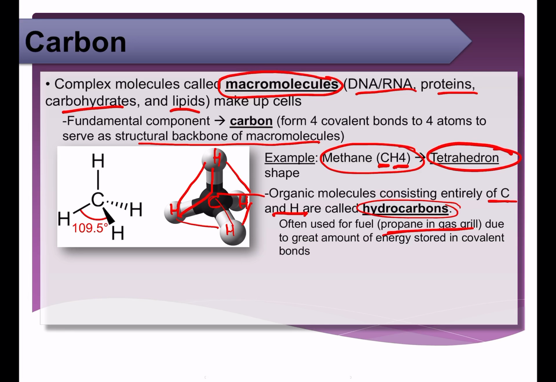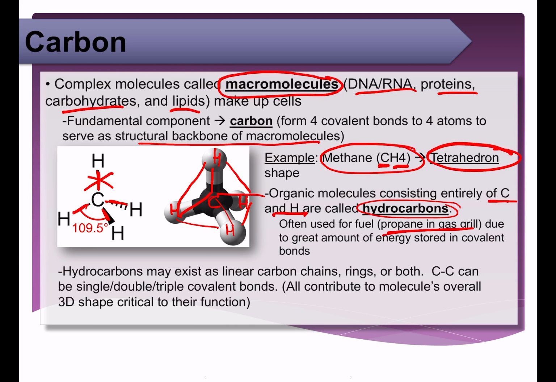And when that covalent bond is broken, it can release the energy that is stored within. That's a concept we'll talk about in chapter 6 for metabolism. So these bonds right here, other than representing the electrons that are shared between the 2 atoms, if we were to break these bonds, it will release energy.